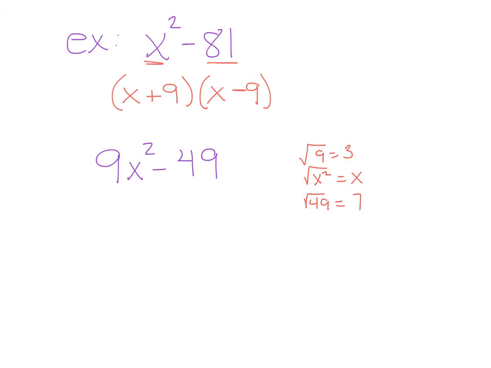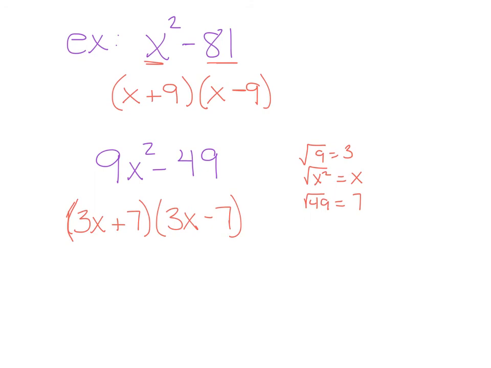So we're going to include all of those. Factoring this, the square root of 9 is 3, the square root of x squared is x, and the square root of 49 is 7. So 3x plus 7 times 3x minus 7. Again, seeing that difference of perfect squares.